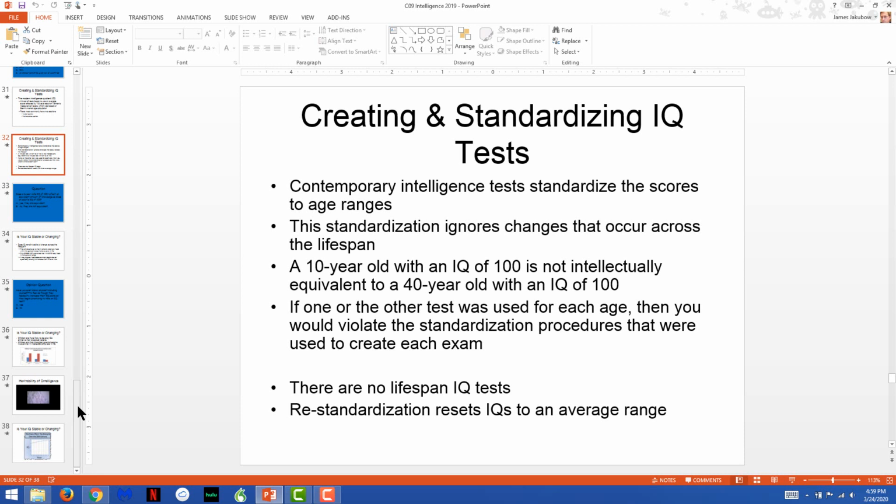And that's just been the traditional way that intelligence researchers have actually worked since the beginning of standardized tests in 1916 with the Stanford-Binet. So, for example, if you saw a 10-year-old who had an IQ of 120, and this 10-year-old has an uncle, a 40-year-old uncle who has an IQ of 100.